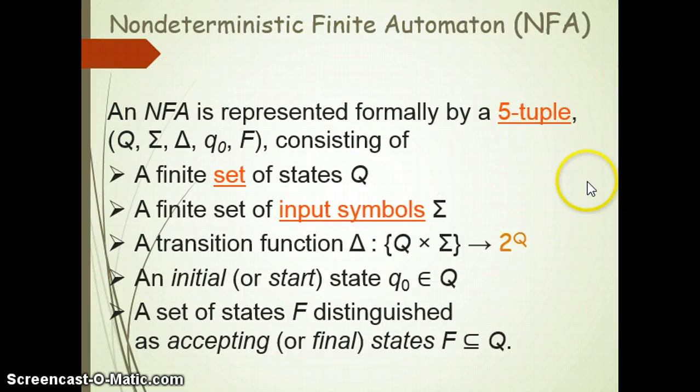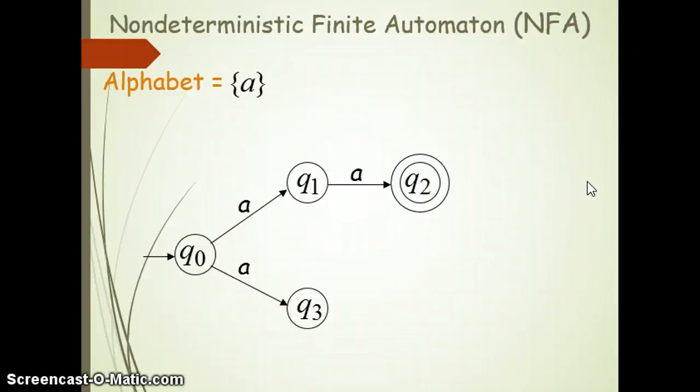Next we are going to see an example for non-deterministic finite automata. For example, we are taking an input symbol A. Q naught is the starting state here. From Q naught, for an input symbol A, if there is more than one transition, then it is called non-deterministic finite automata.